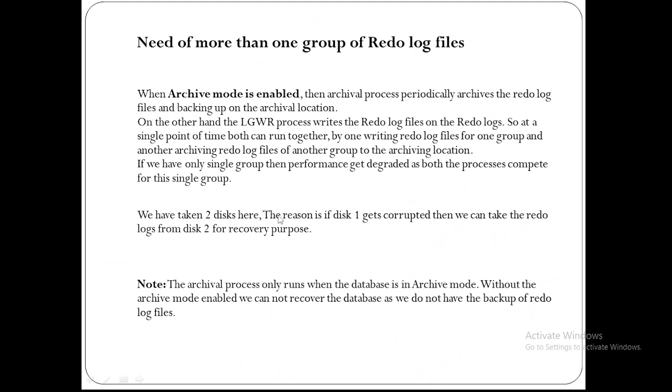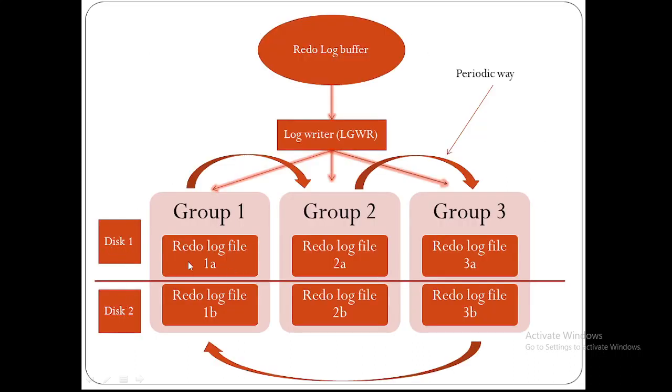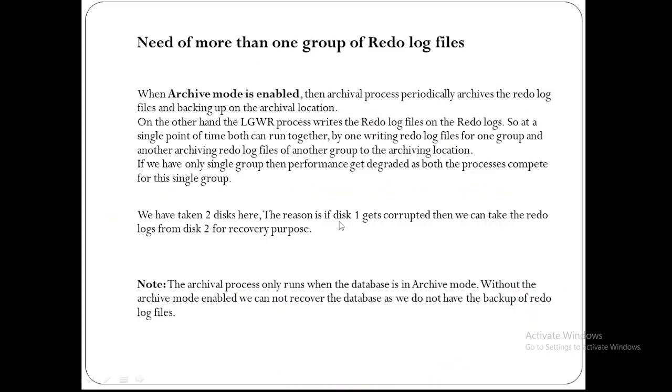We have taken two disks here. Redo log file 1 is on disk 1 and 1b is on disk 2. The reason is that if disk 1 gets corrupted, we can take the redo log files from disk 2 for recovery purposes.